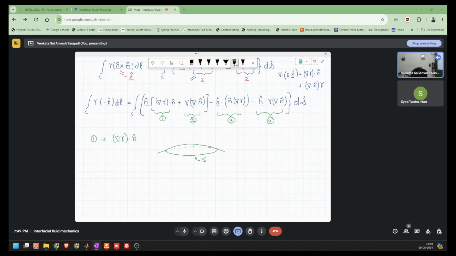There won't be any surface tension gradients, or surface tension for that matter, in the bulk, in the upper fluid or the lower fluid.